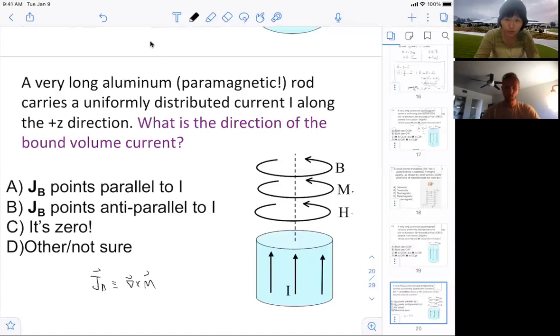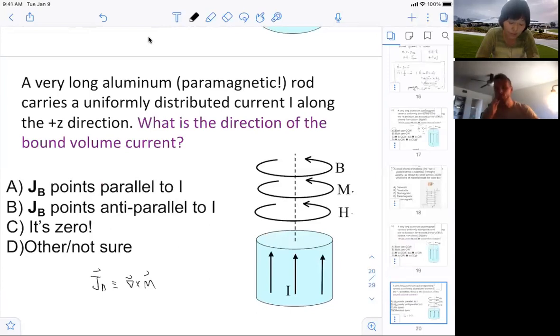But before you go, I want to give you a little bit more tools. We were given the M, right? You would want to find out, what is the expression of M?